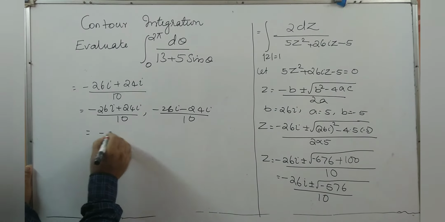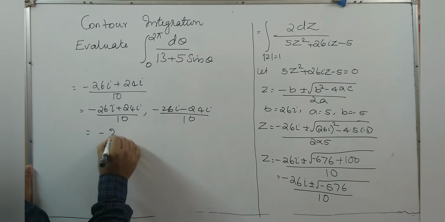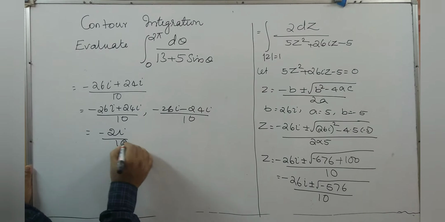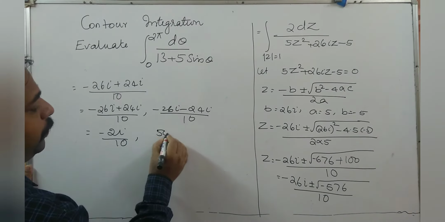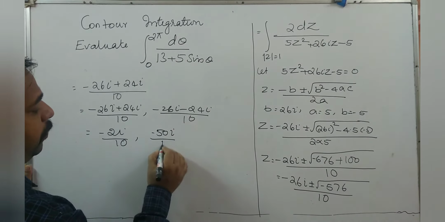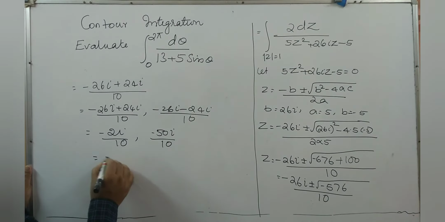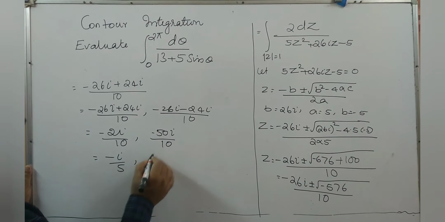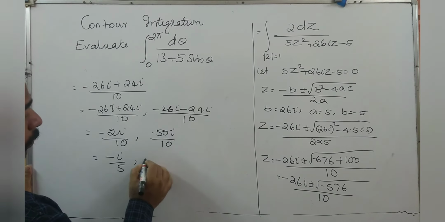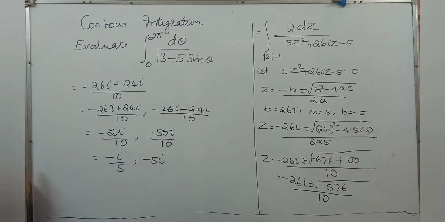So that is minus 2i divided by 10, here 50i minus 50i divided by 10. So that is minus i by 5 and minus 5i.